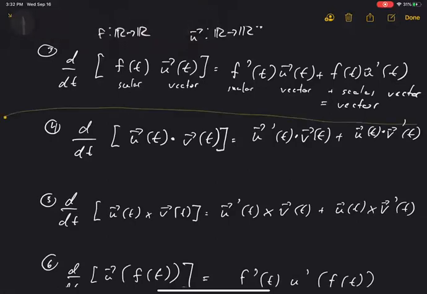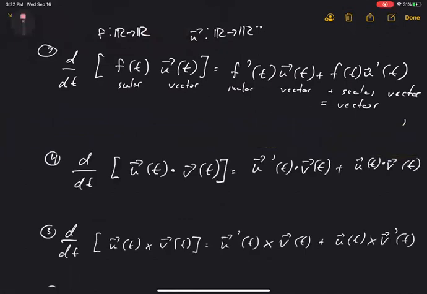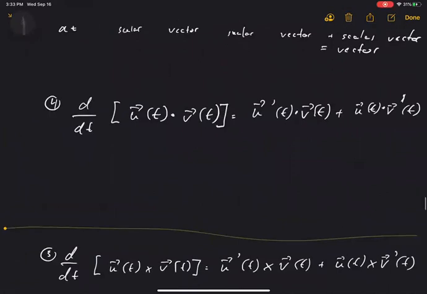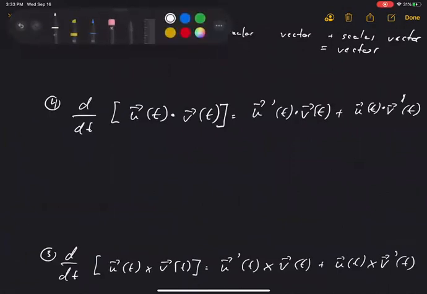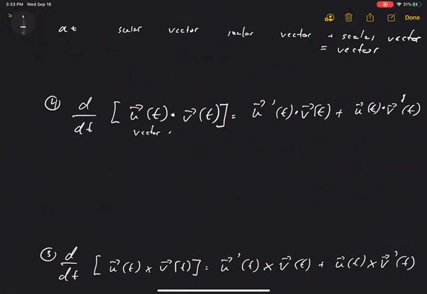Next version of the product rule is for dot product. And it still works the same way. I'm taking the derivative, and inside these brackets, I'm taking the dot product. So this is a vector dot a vector.